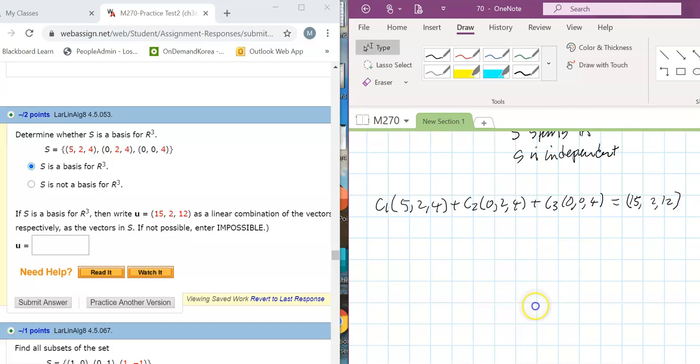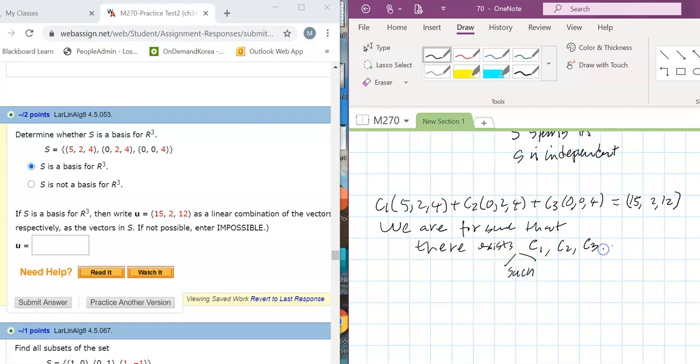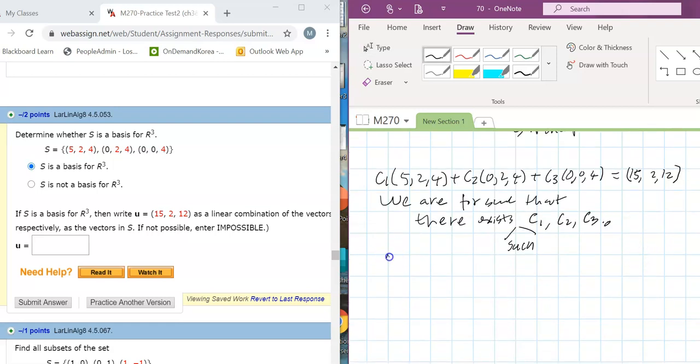We are guaranteed that there exist C1, C2, C3, because it spans R3, okay?